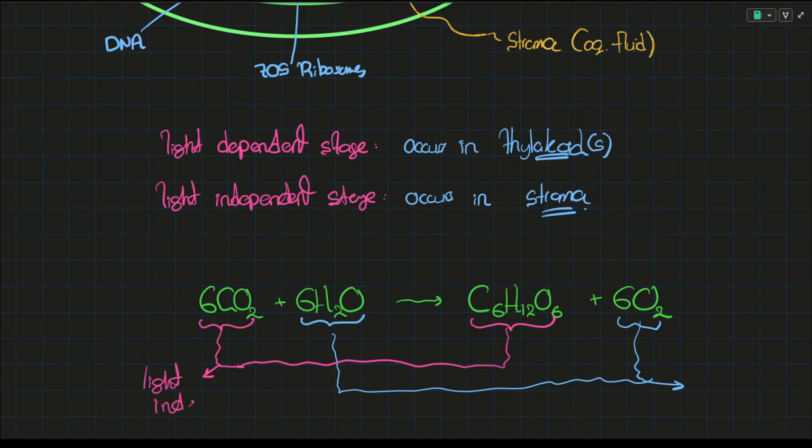Like I said, you don't have to take this too much into your mind. This will come in handy later. I will be elaborating on this later. Just so you know, these things are related to the light independent stage, while these things, the water and the oxygen, are part of the light dependent stage. Part of the light dependent stage, and that is the 13.1 segment, chloroplast structure.